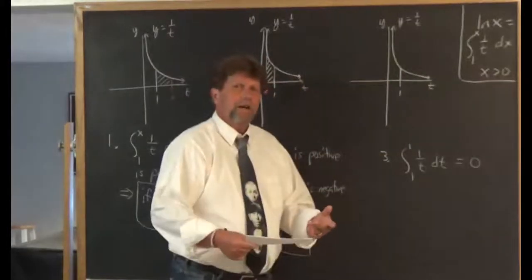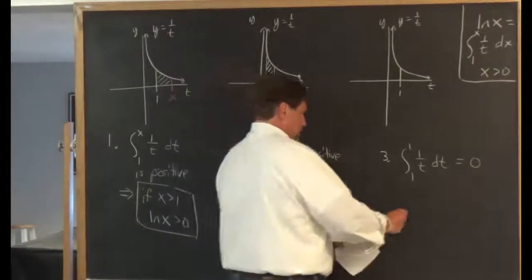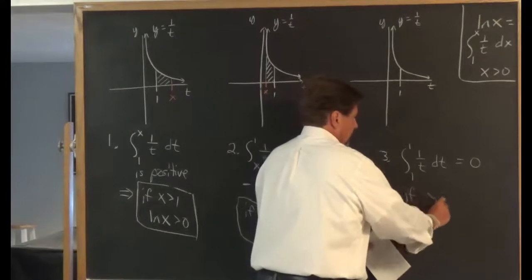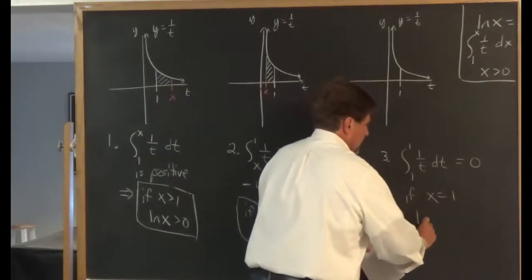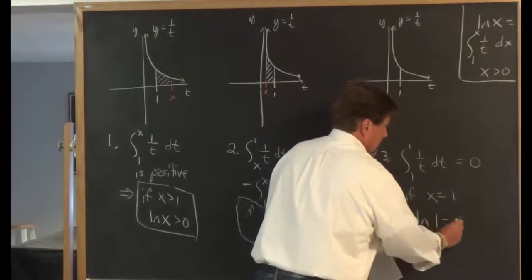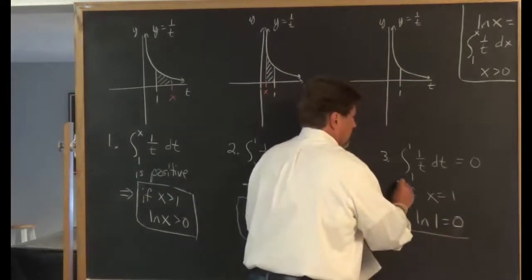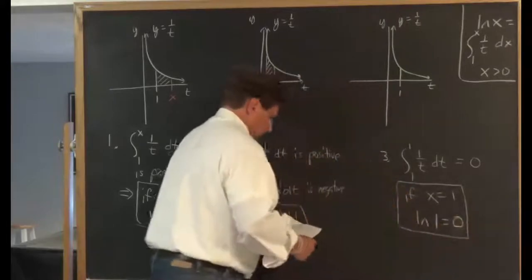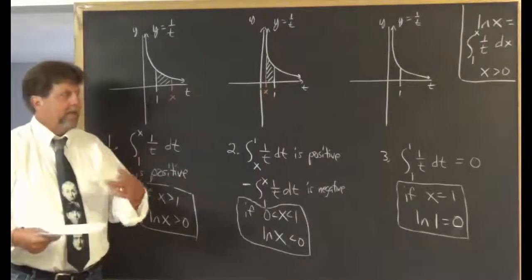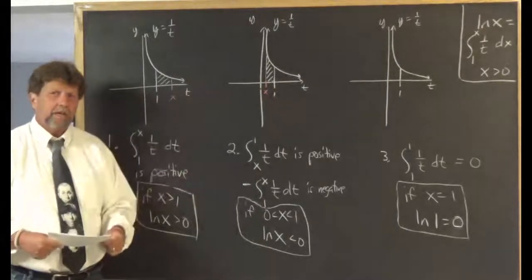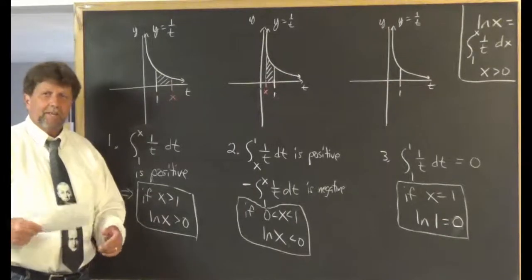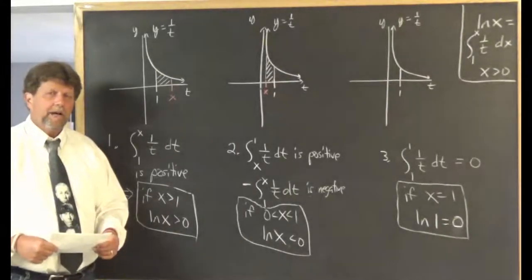So what does that tell me about natural log x? Well, if x is equal to 1, the natural log of 1 is 0. Okay, so those are just 3 facts we get immediately from the definition of natural log x and using some of our calculus knowledge. So let's head back to the slides and see what we're going to talk about next.